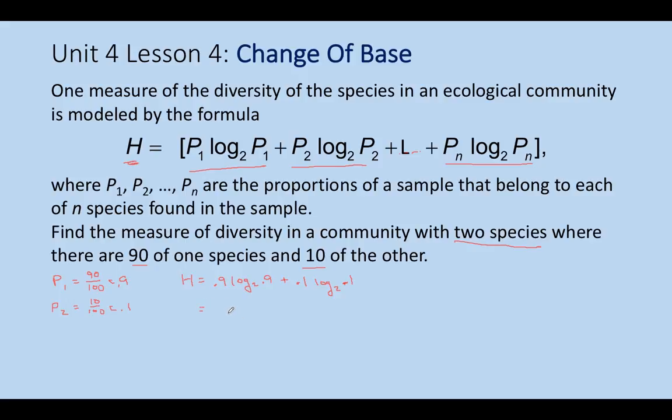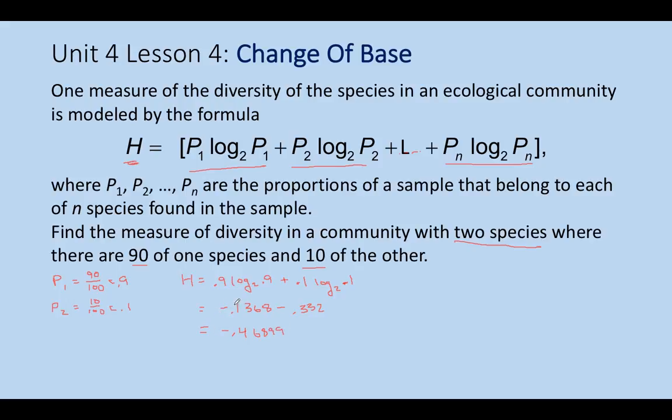We can do those things on our calculator and we get negative 0.1368. And then here, same thing, log of 0.1 divided by log of 2, and then take that answer, multiply it by 0.1, and we get negative 0.332. And so my final answer here is negative 0.46899.